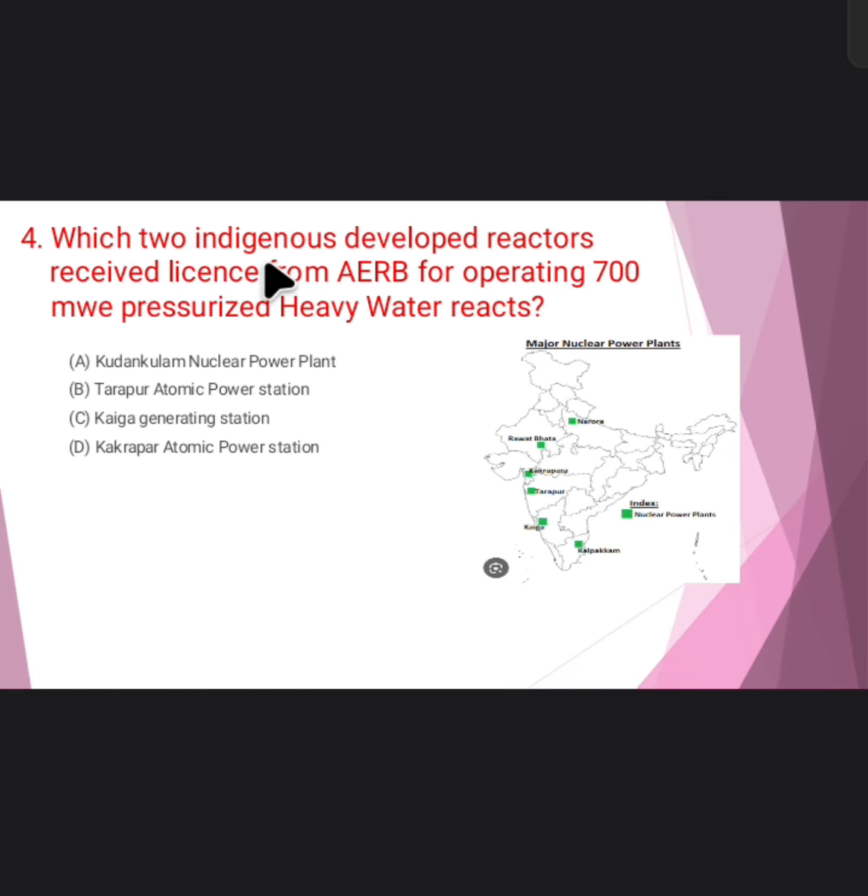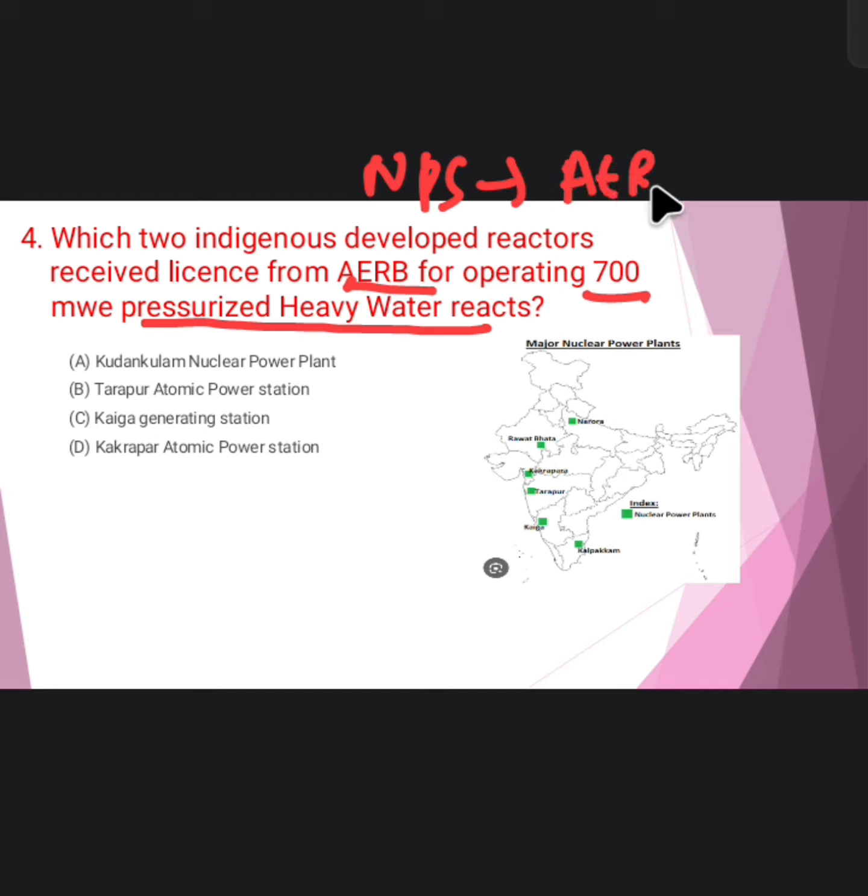Which 2 indigenously developed nuclear reactors received a license from the Atomic Energy Regulatory Board for producing 700 megawatts of electricity using pressurized heavy water reactors? We have to select which nuclear power station received the license for the production of 700 megawatts of electricity.